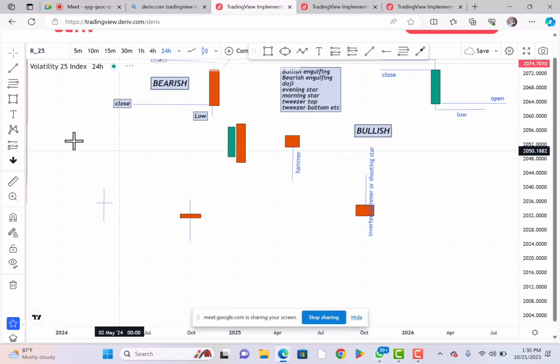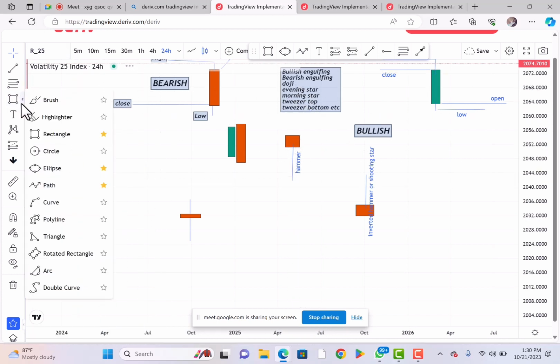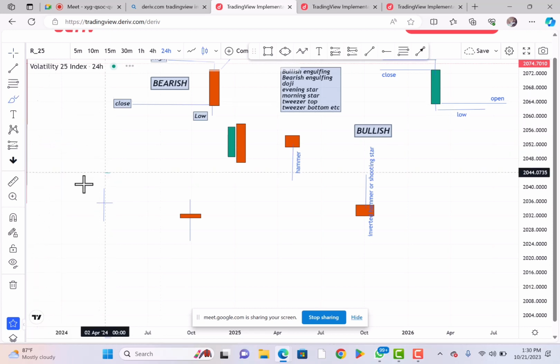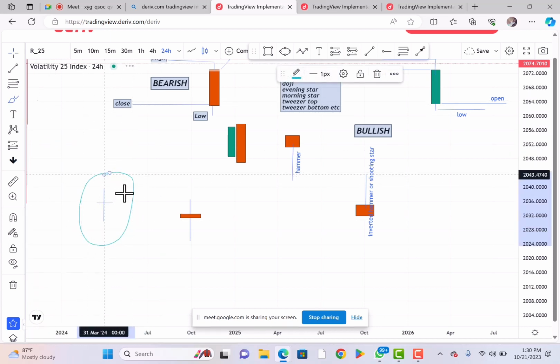What this particular one means is that you can't tell who is winning this battle. You cannot say that either the buyers are winning or the sellers are winning. So you can't tell. It's an indecision candle. As a trader, when you see this type of candle, how do you position yourself?